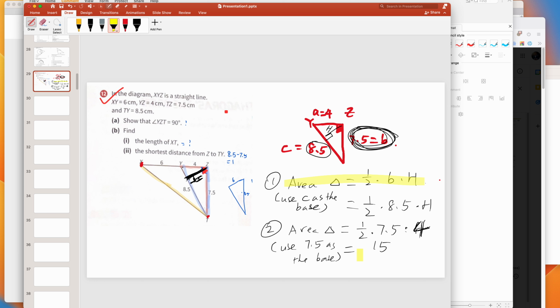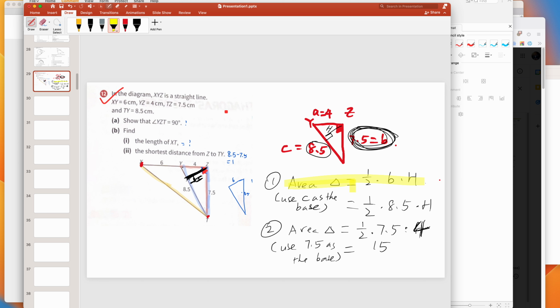So method 1 is for you to find what? The base. What is this? Half times base times height. What is this? Formula. Formula for what? For area. So you are finding the area of triangle. Correct. So method 1 is for you to find area of triangle.